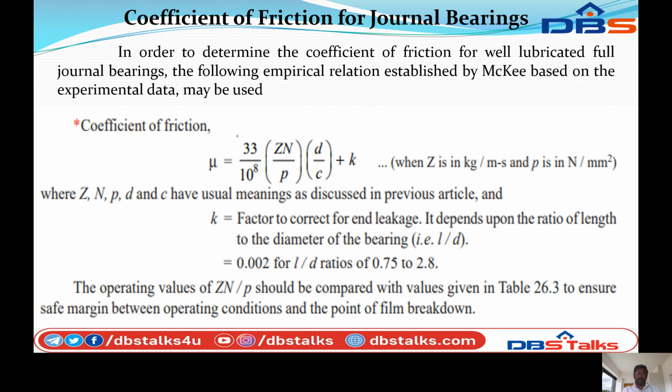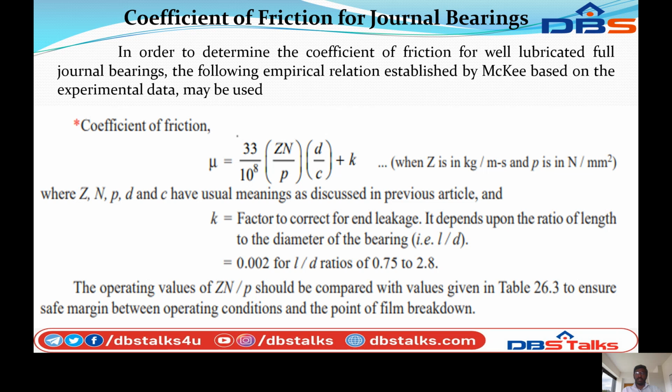33 divided by 10 power 8, ZN by P, into D by C, plus K, where Z is in kg per meter second and P is in Newton per mm square. Z, N, P, D and C have the usual meaning as discussed in the previous article, and K is a factor to correct for end leakage.